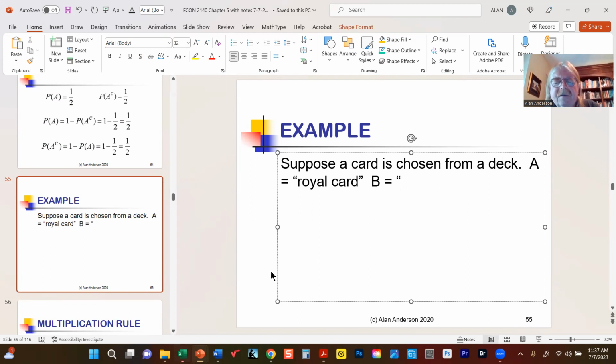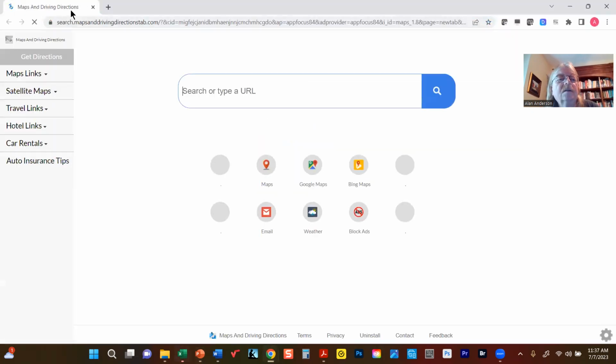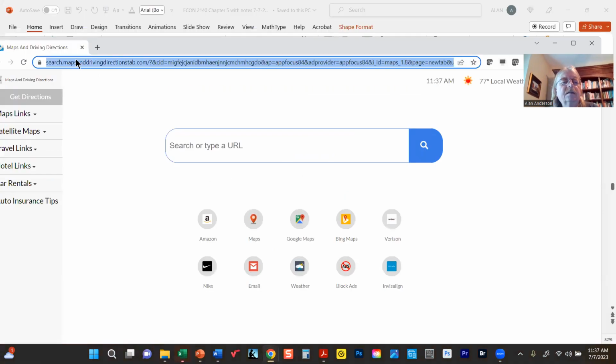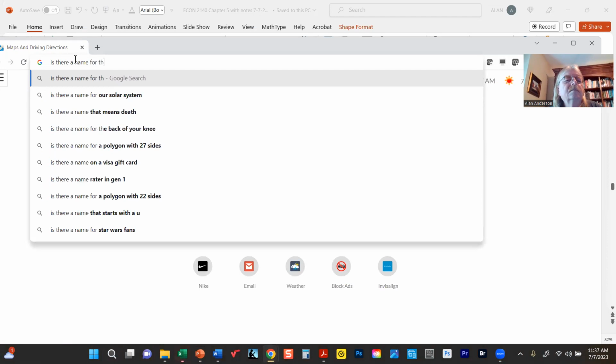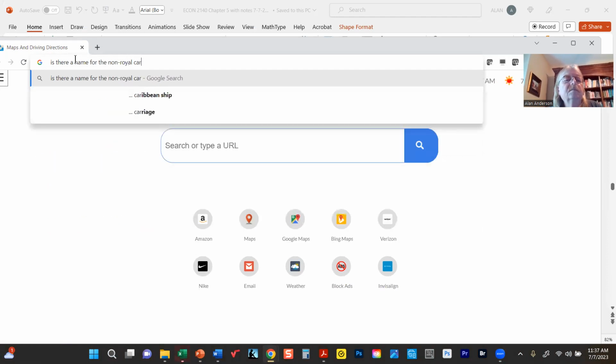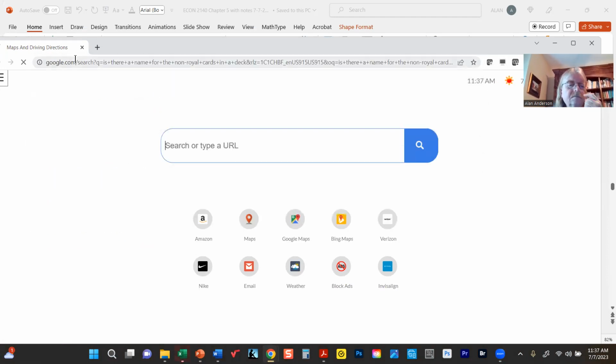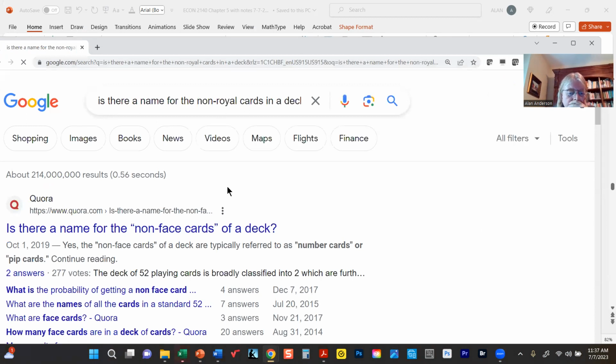You know what? This is something I've always wondered about. I'm going to go look this up right now. I've always wondered if there's a name for the non-royal cards. Oh, it says here they're number cards or pip cards, because the royal cards are also known as face cards, because those are the only ones that have actual faces drawn on them.